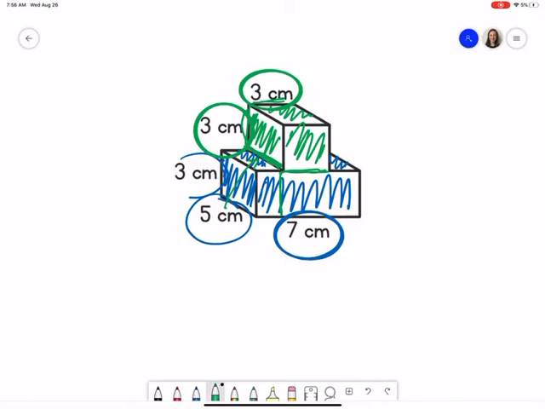Can we see that? And you might be asking, how do you know that? Well, it's saying that this down here is 5 centimeters, and this right here is 5 centimeters. Because we know that the parallel sides are equal. So that means that these parallel sides right here and right here would also be equal. Okay? So that's kind of messy.